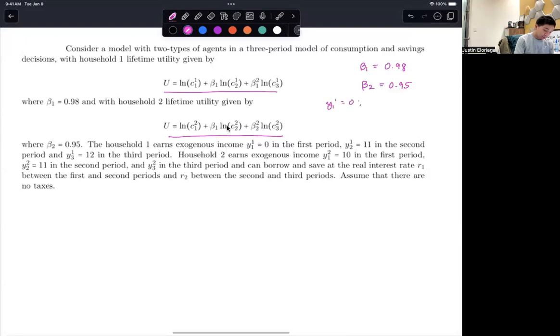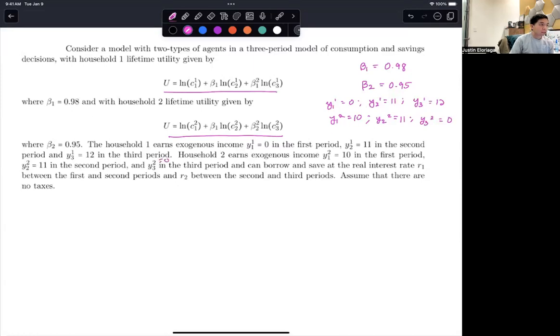Y11 is 0, Y21 is 11, and Y31 is equal to 12. Then we know Y12 is 10, Y22 is equal to 11, and Y32 is equal to 0. I just forgot 0, right?